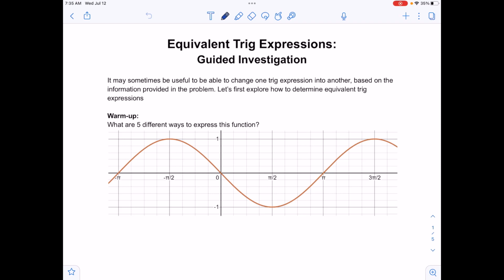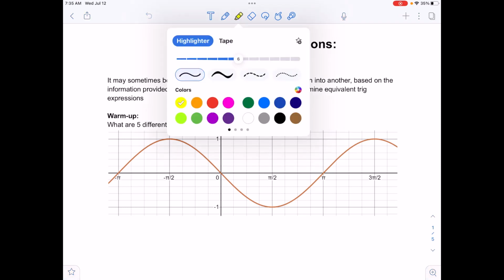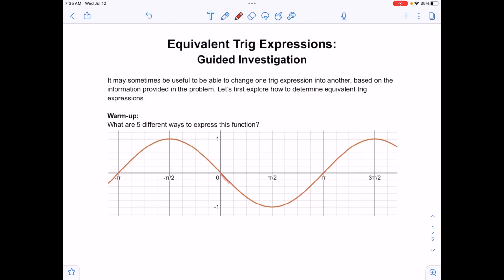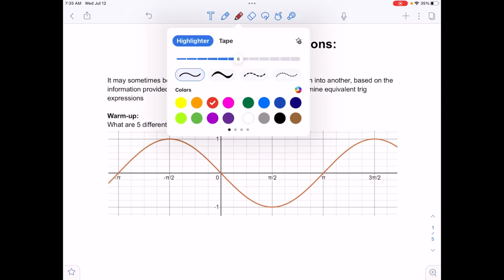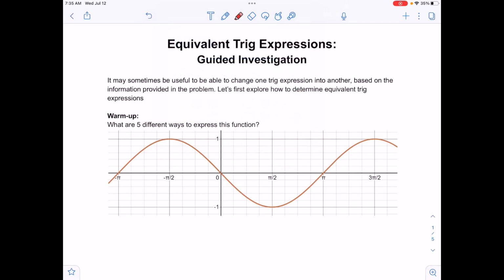The first way that I see goes, and I'm going to just make that thicker, is this graph here. And that's obviously going to continue going down. That's our sine graph. It's just flipped vertically. So that would be negative sine of x.